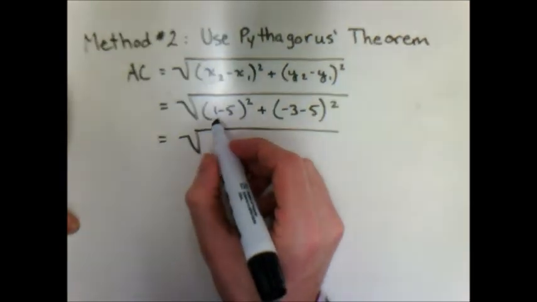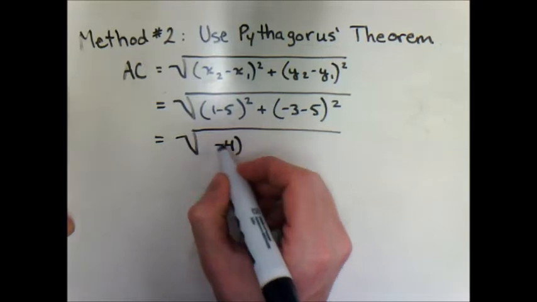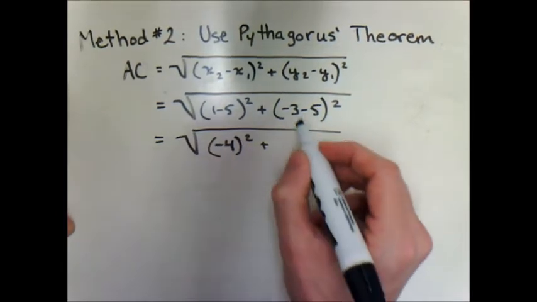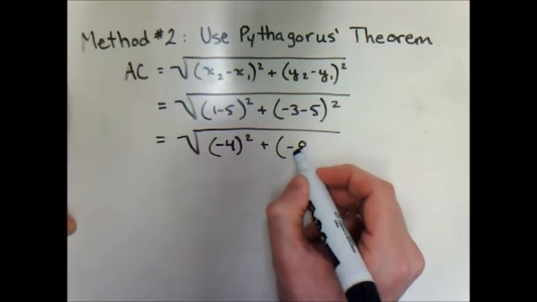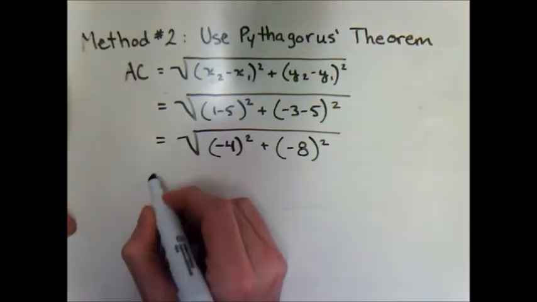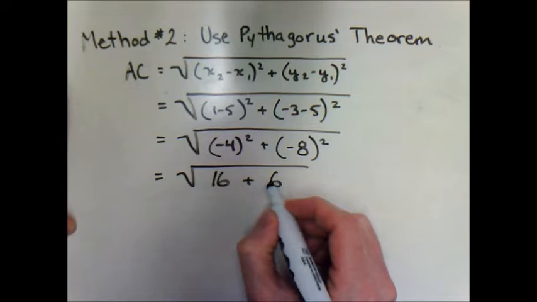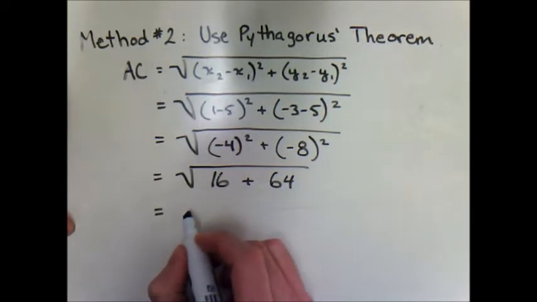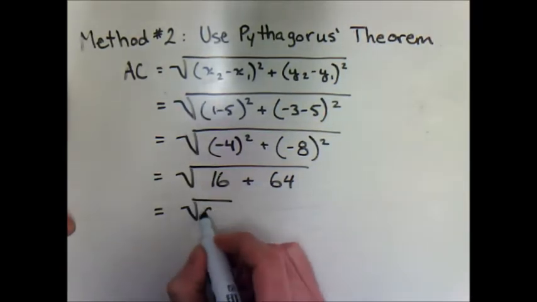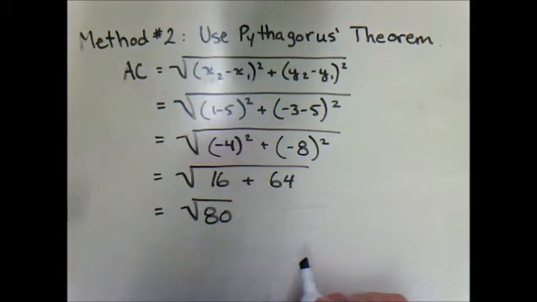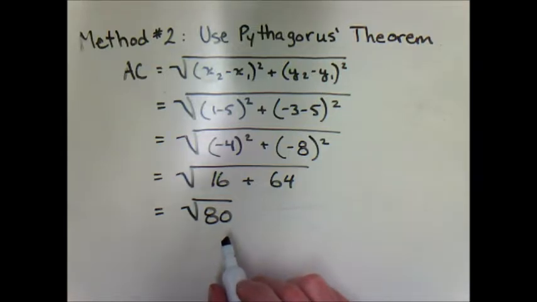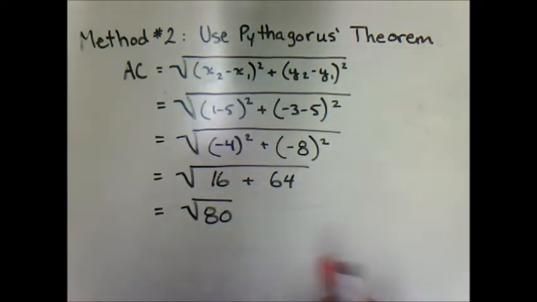This bracket reduces to -4 squared plus -8 squared. Here we're looking at 16 plus 64, which equals the square root of 80. And again, the square root of 80 is a decimal, in which case we would have to round, and we don't want to round, we want an exact value.